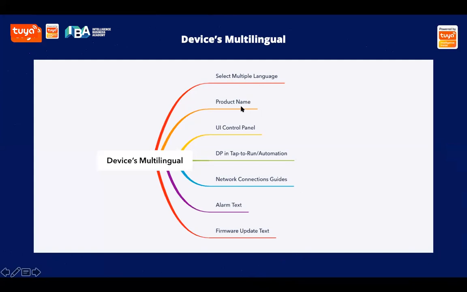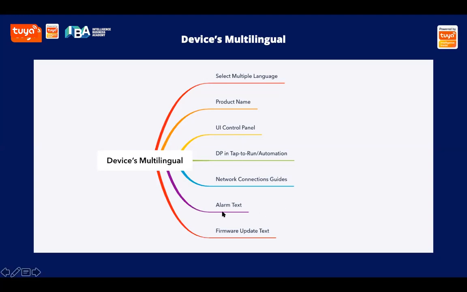Next, I will introduce how to translate the product name and UI control panels. Next, we will introduce the functions of the device that will show on tap to run and automation. Next, we will introduce the translation of the network connection guides.